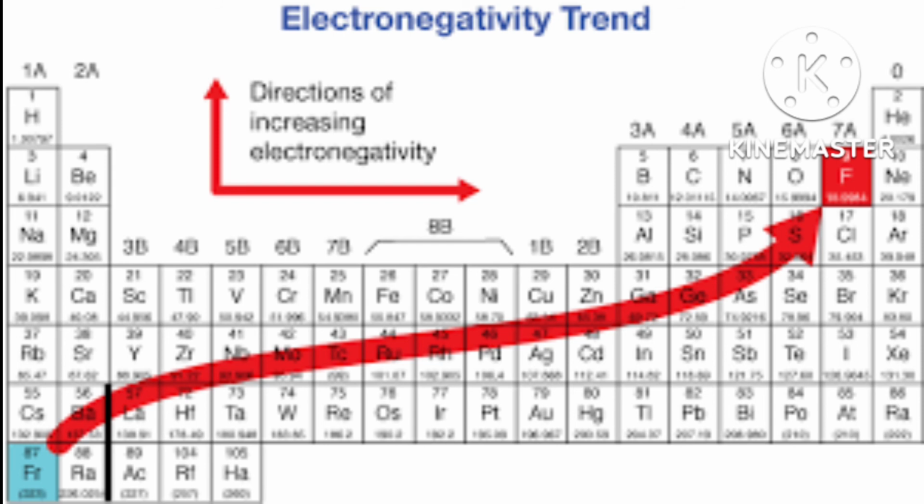This is the variation in a period. In a group, the reverse case will be there.